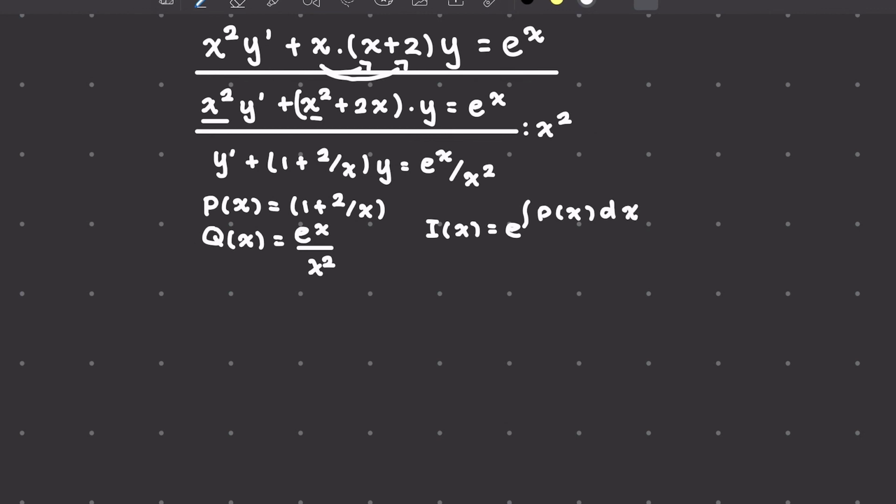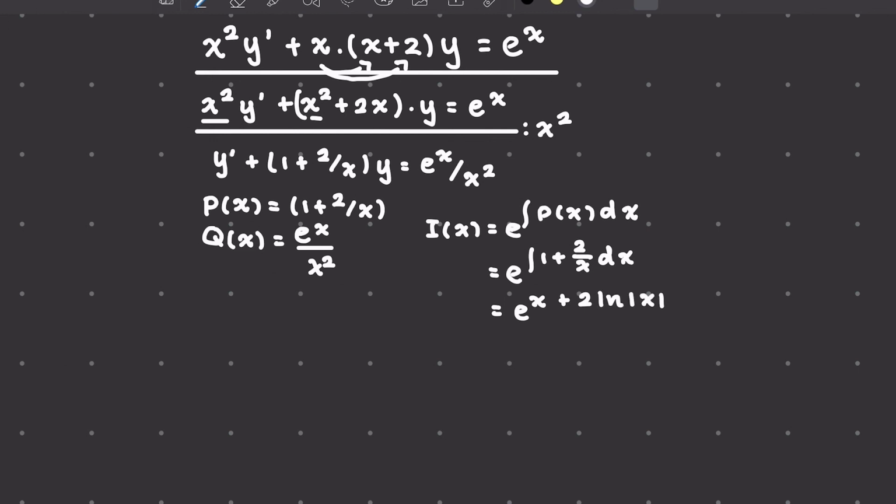What is our P(x) here? e to the integration of 1 plus 2 over x dx, and this will become e to the x plus ln, it's actually 2 times ln of x.